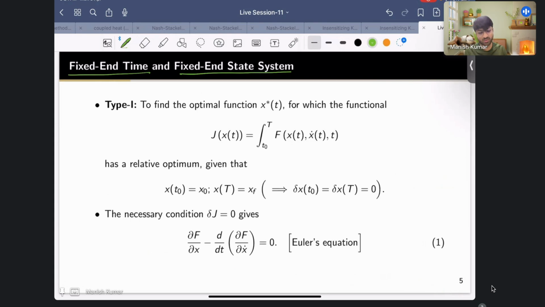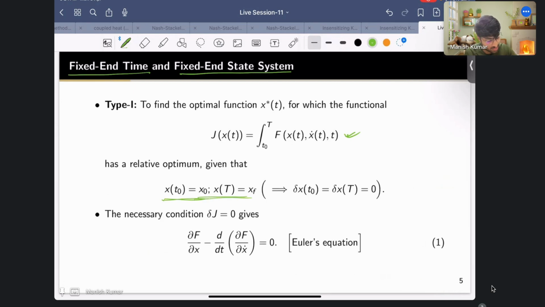Here also we'll have two kinds of type. The first is not coming from a control problem, so you just have a functional, and you have some data at t point.